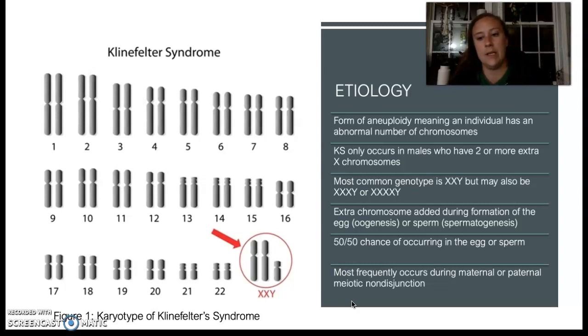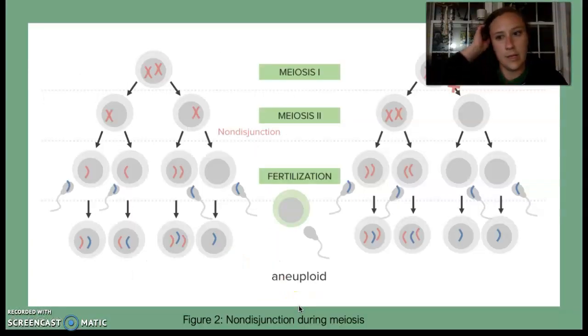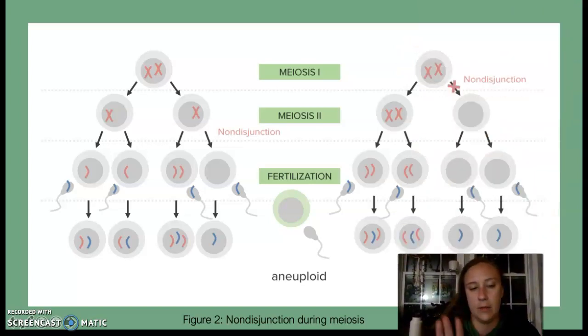I'll go to the next slide. This is a little picture of what happens to cause Klinefelter syndrome. Most often it is a maternal or paternal meiotic non-disjunction. It can occur in meiosis 1 or 2.